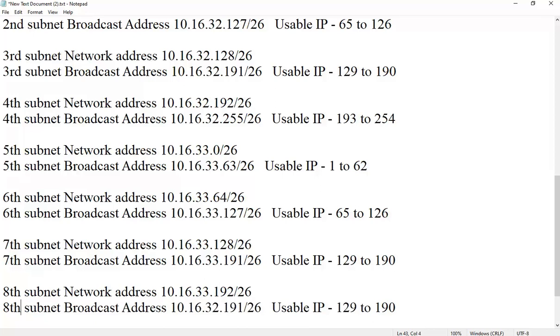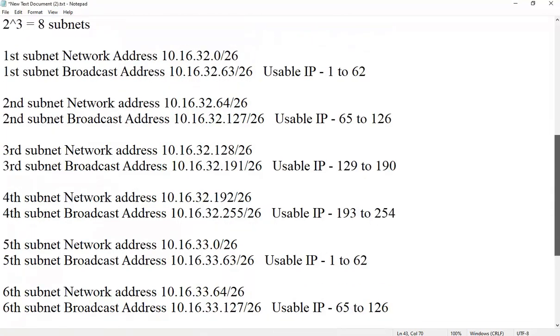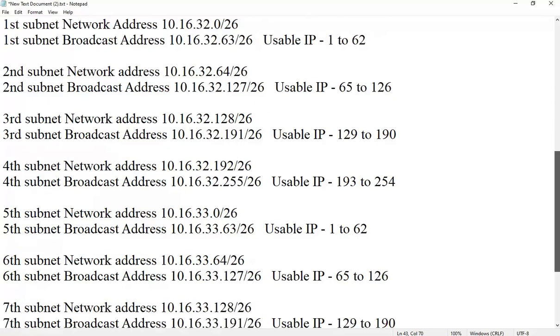And for the eighth, it will be 33.255, which is actually the last address of the group, and the usable address will be 193 all the way to 254. Basically this will be all the 8 smaller subnet groups with their network address, broadcast address, and usable IP range.